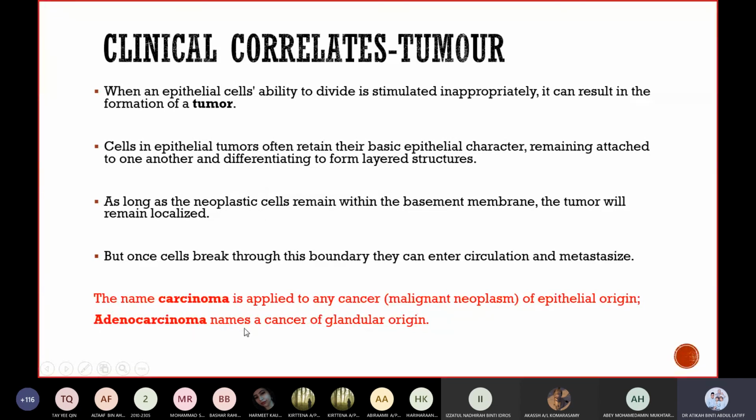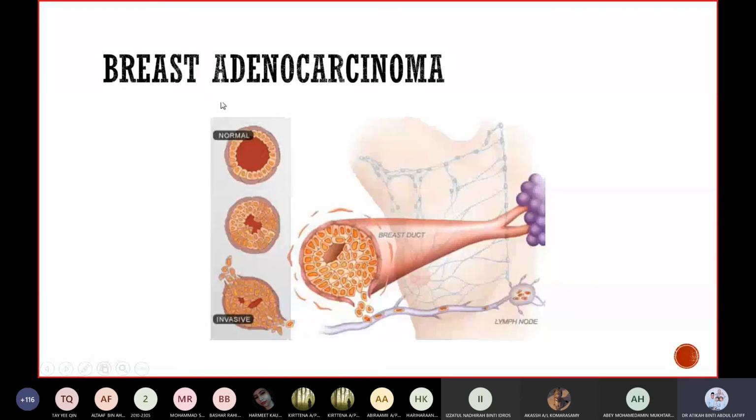So for example here in breast cancer, it's called breast adenocarcinoma if the cancer starts at the breast epithelium. So for example here, this is normal epithelium, and if there are cancer cells or tumor cells at the epithelium lining, it will cause a lot of tumor cells to develop.